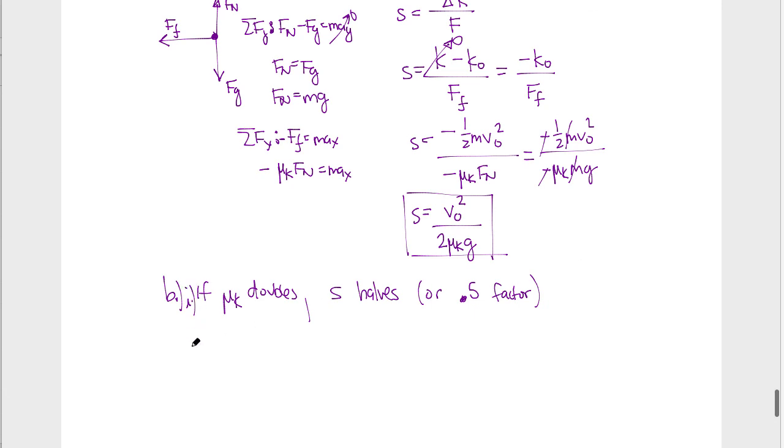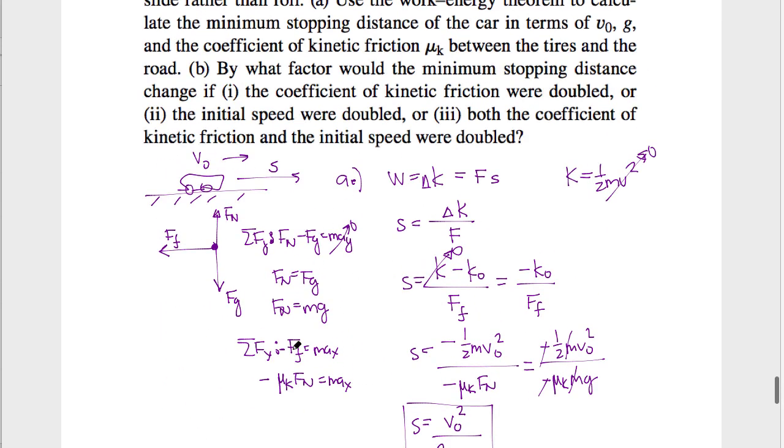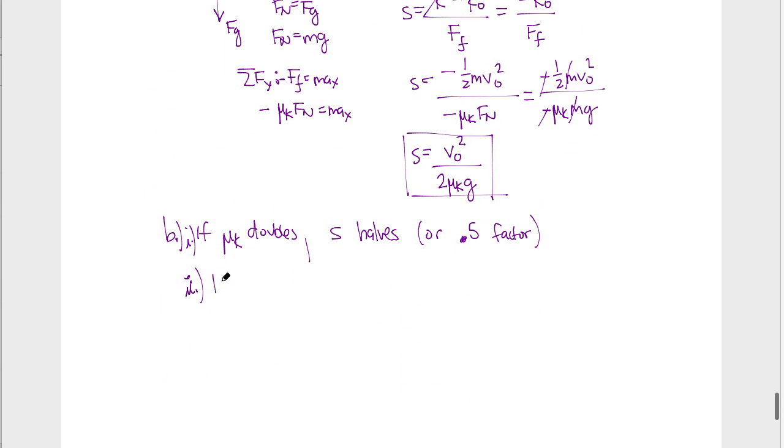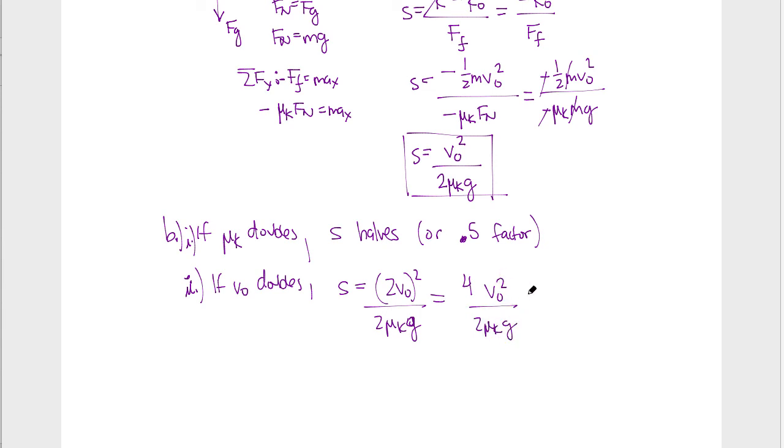So this is 1. Now part 2 says, what happens if the initial speed is doubled? Okay, so if v naught doubles, so if I plug in 2 times v naught here, which I can go ahead and write, my S would be equal to 2 times v naught squared over 2 mu k g. I see what ends up happening is I get a 4 that pops out times v naught squared over 2 mu g.